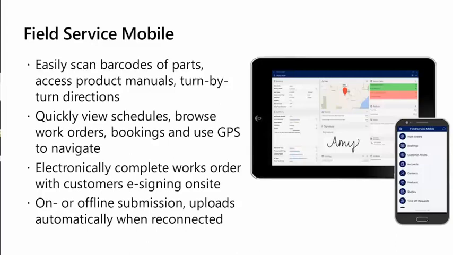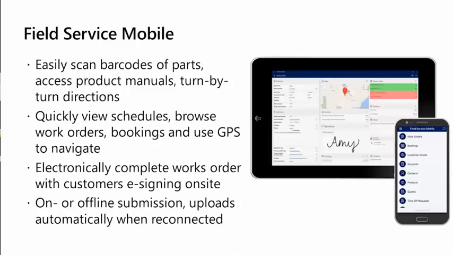Now, what's really cool about this is that if you were to set it up, you can actually have your parts barcoded. So when they scan in and start using a part, they can automatically scan it saying, I've used this, and it's deducted from the inventory. They can complete or view work orders or even order parts from the application. And when a work order is completed, instead of having them carry papers around and have the customer sign off, we can actually have it set up where the customer can sign right on a phone or a tablet saying that the work is completed.